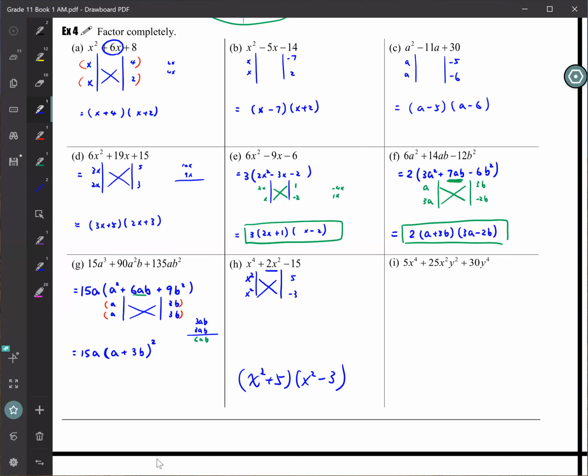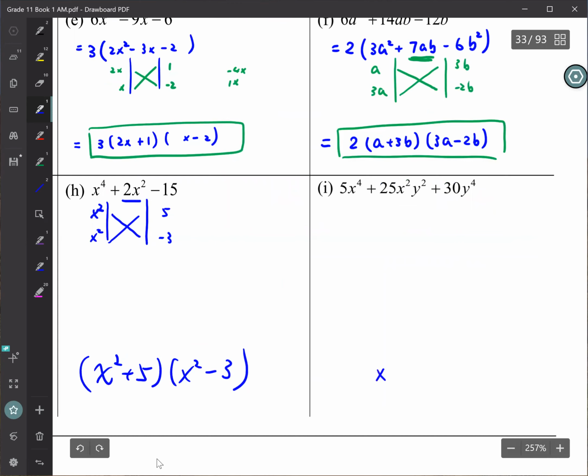I'm not really sure about this one. For I, you have... wait, GCF... never mind. Is it x plus 2y and x plus 3y times 5x squared?